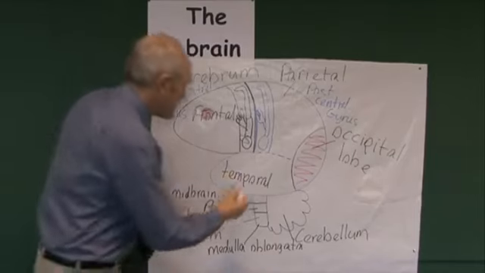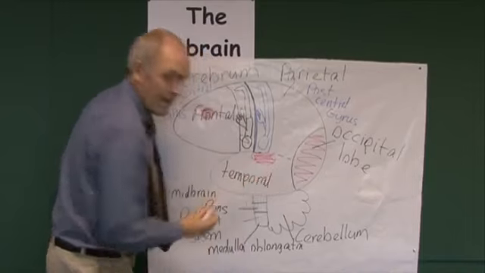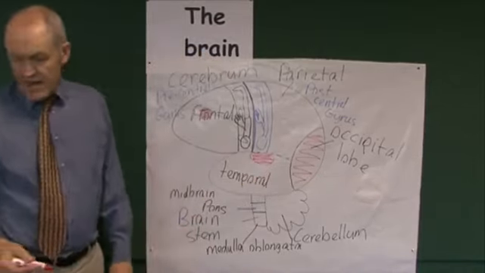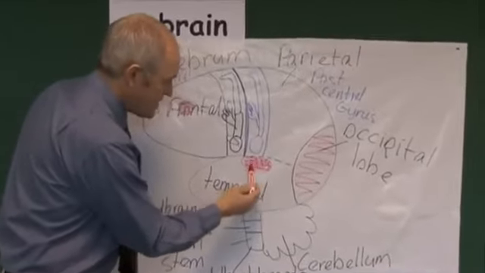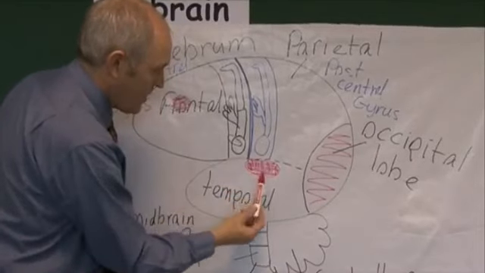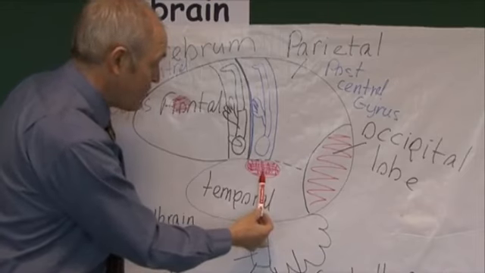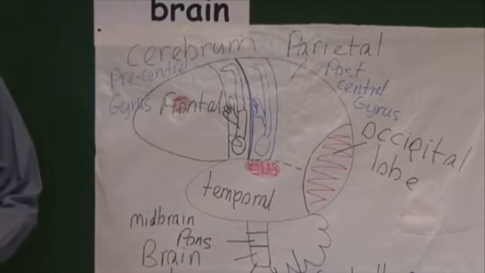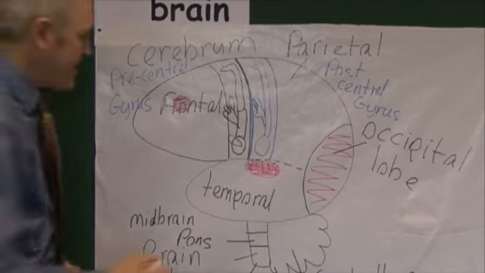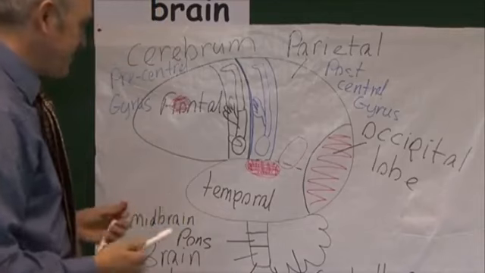Now just here, there's an area of the temporal lobe, and this is the auditory area of the brain. This is where we hear with. So the nerve from the inner ear, from the cochlea, the auditory nerve, goes to this part of the temporal lobe and generates the sensation of sound, the auditory area of the brain. There's also an area here where we understand speech.